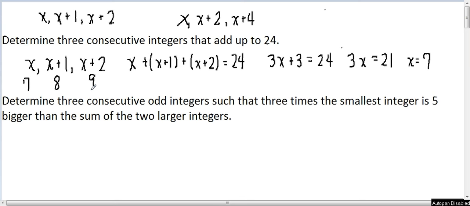Next, we need to determine 3 consecutive odd integers, such that 3 times the smallest integer is 5 bigger than the sum of the 2 larger integers. Here, we're working with 3 consecutive odd integers, so we'll use x, x plus 2, and x plus 4.